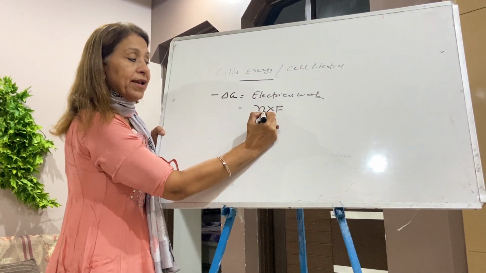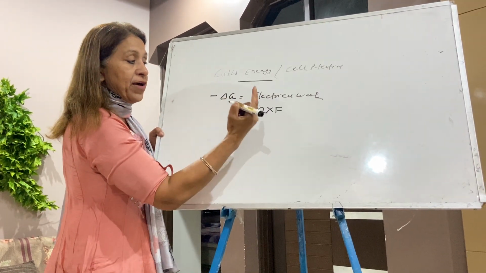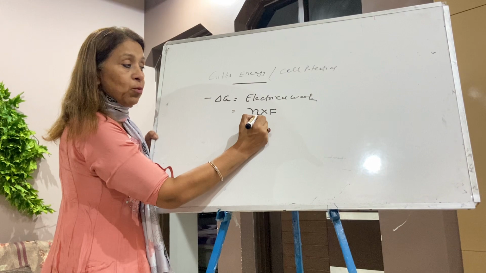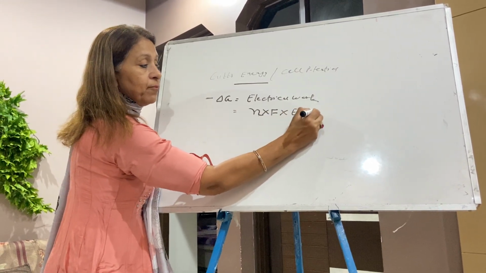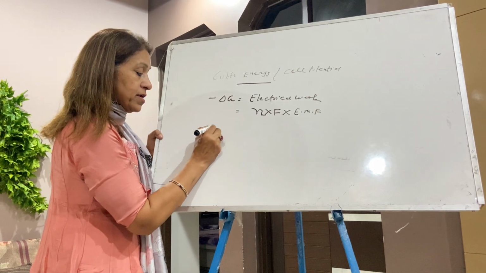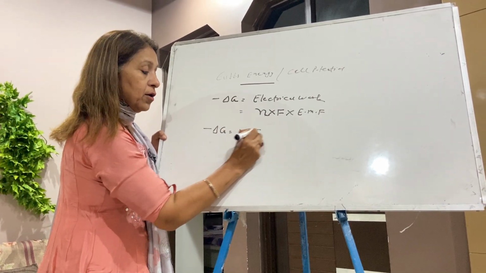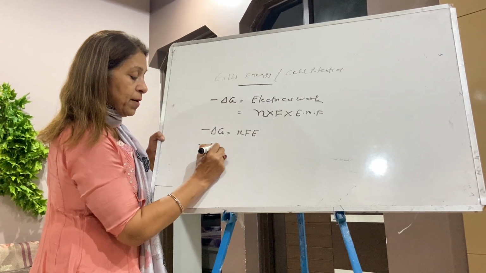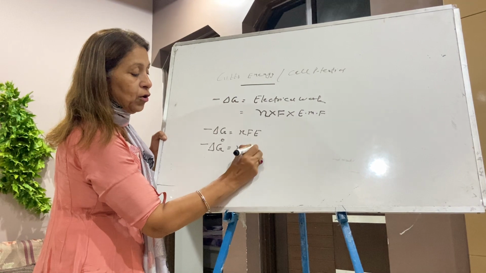When 1 mole of electron moves, it carries 1 Faraday. When n moles of electron move, they carry n Faraday, multiplied by the EMF of the cell. The formula becomes minus delta G is equal to nFE. In standard states, it becomes minus delta G naught is equal to nFE naught.